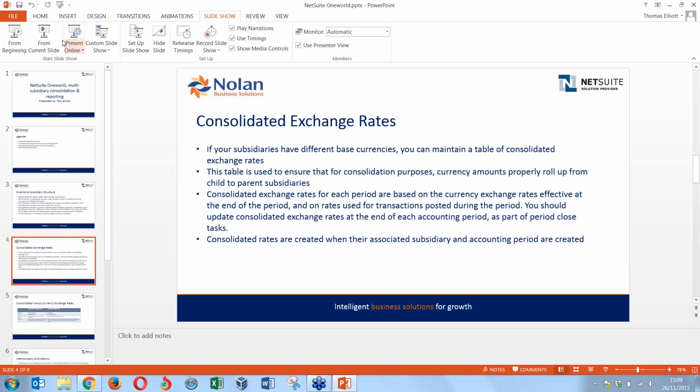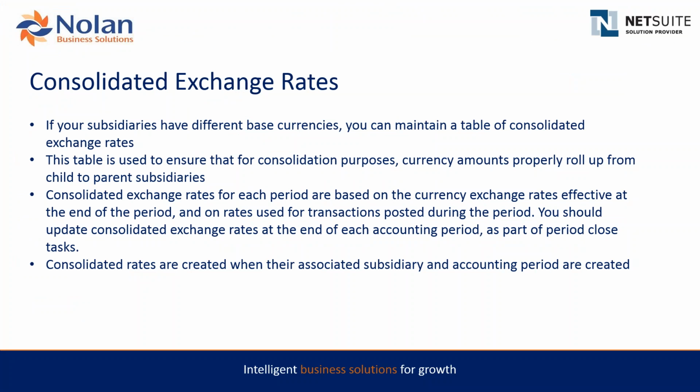So let's jump back to the PowerPoint. The next thing I'm going to talk about is consolidated exchange rates and currency exchange rates. I'm going to start with consolidated exchange rates. If you've got subsidiaries that have different base currencies, as we saw when we set up a subsidiary in NetSuite, we can set the base currency.